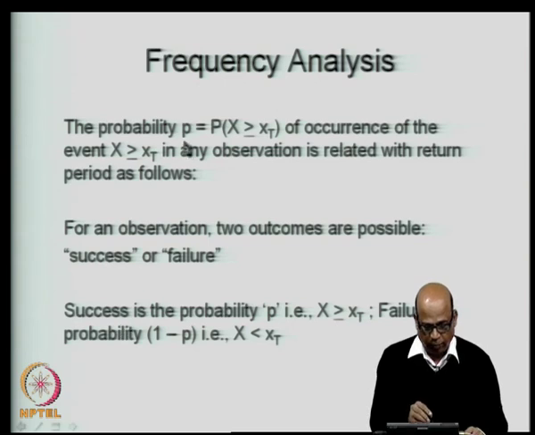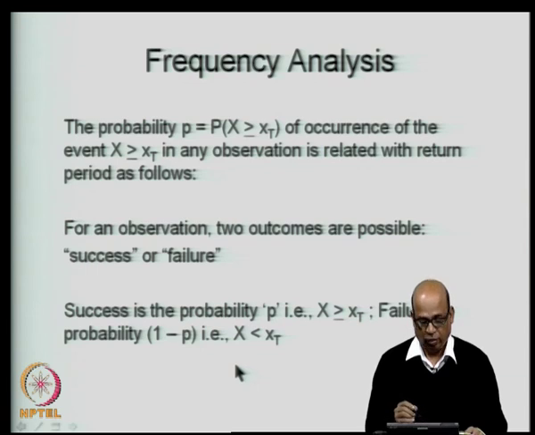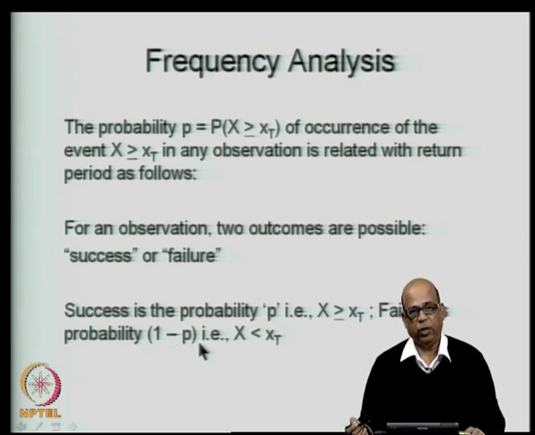Now, because we define p as the probability of x being greater than or equal to x_T, the success occurs with the probability of p, and failure occurs with the probability of 1 minus p. So, the event x greater than or equal to x_T has a probability of p, the event x less than x_T has a probability of 1 minus p.